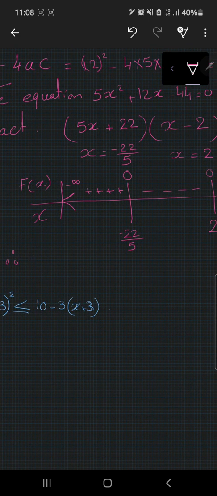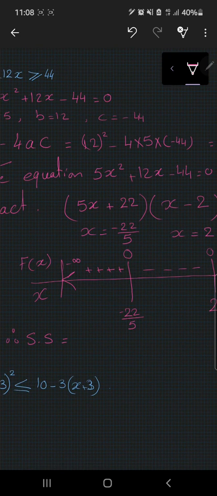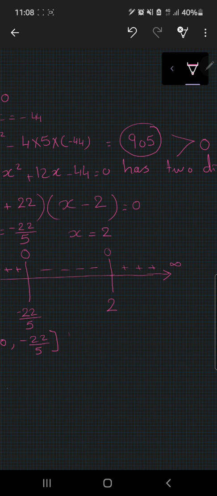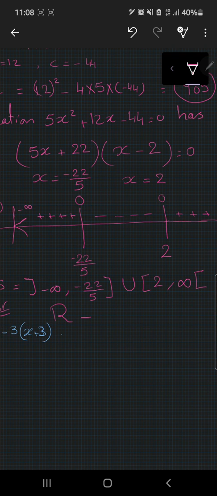So the solution set equals, in our example we want to know greater than or equal. So from negative infinity to negative 22 over 5 closed. Why? Because greater than or equal. And from 2 closed to infinity, or all real numbers minus the negative part, which is between negative 22 over 5 and 2.